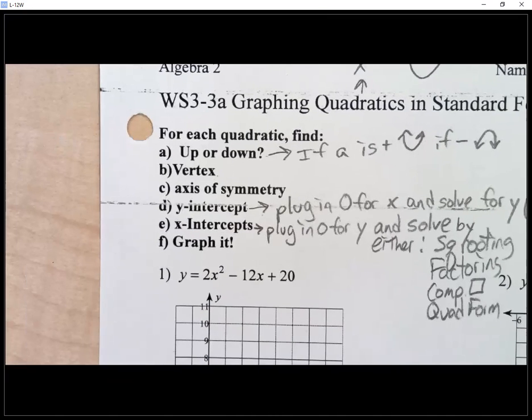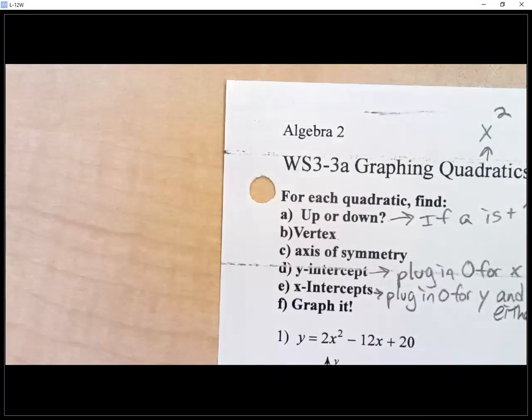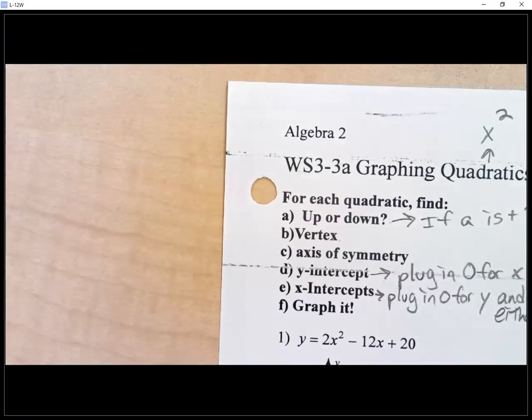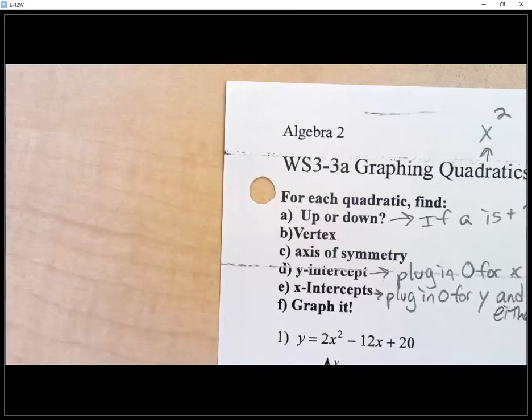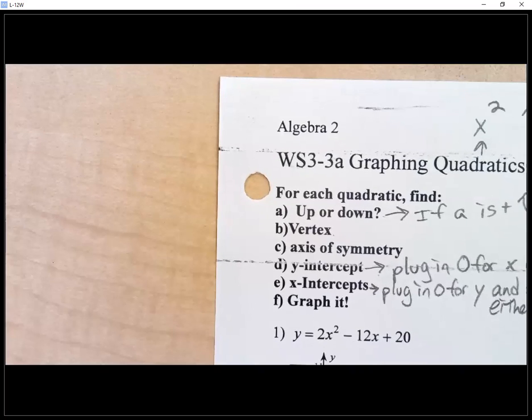All you're going to do to find the vertex is, so the vertex is a coordinate, right? x, y. To find the x coordinate, you do negative b over 2a, which sounds super random and weird, but isn't it part of the quadratic formula? Look how cool this is, right?